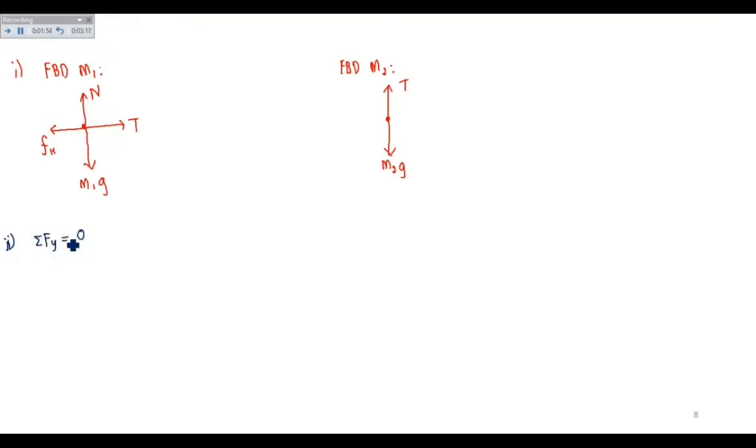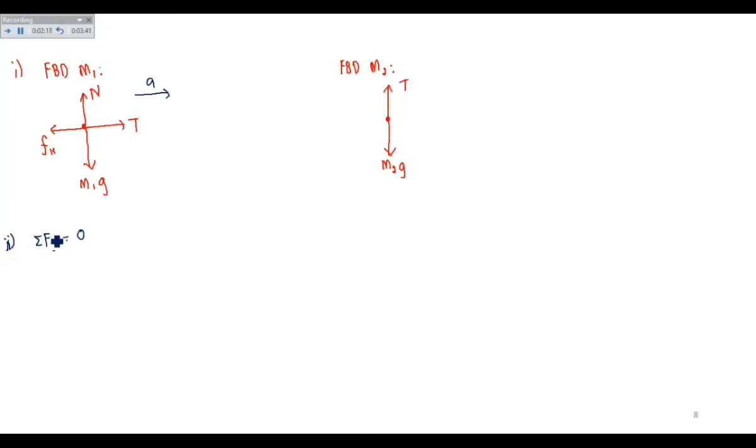Kenapa summation Fy equals to 0? Sebab untuk block M1, motion dia ke arah kanan, maksudnya A kita ke arah kanan. Tak ada motion secara Y. Sebab tu summation Fy equals to 0, sebab kita punya A is in X direction.